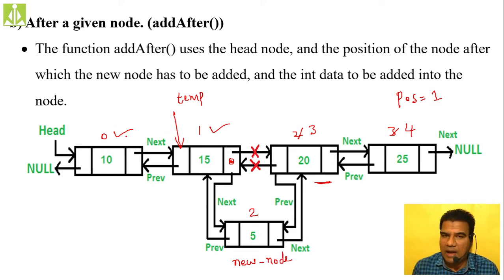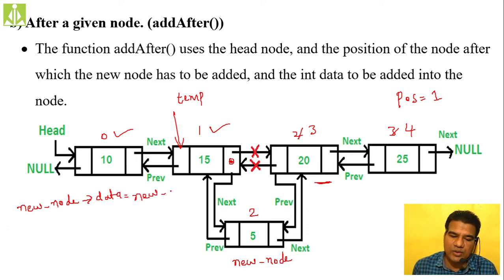So I'm assuming that by using a while loop, I made my temporary pointer point to this position node. Now we have to perform add after. It is very simple. First we have to create new node, then new node of data, store the data, that is where exactly we are having the data, inside new data, isn't it? So write that new data like this.